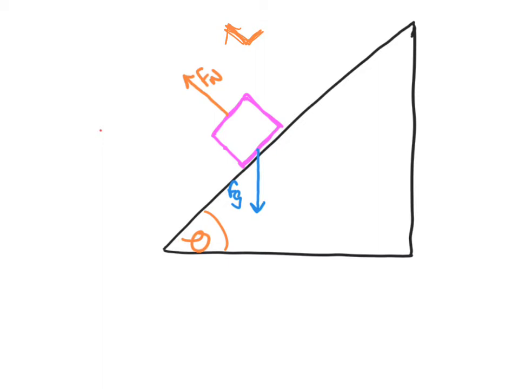Now, in these inclined plane problems, what we've got to do is break it up into its component values. So we might want to do that. And we know that there is a portion of that FG that's off to the right diagonally as per the green.